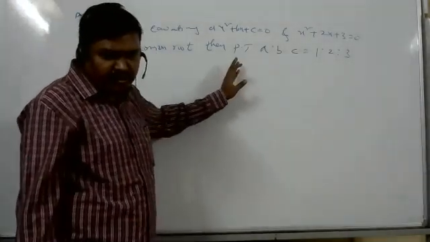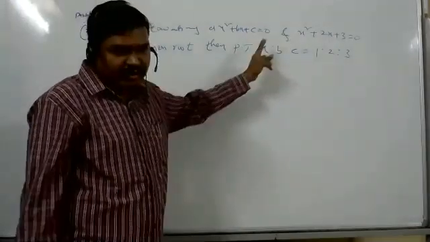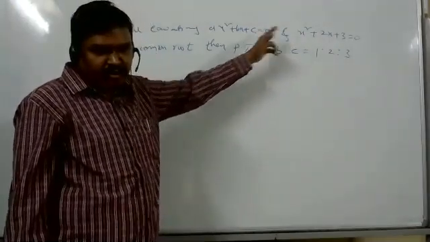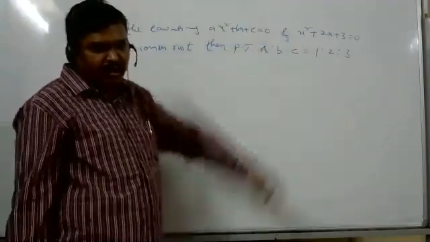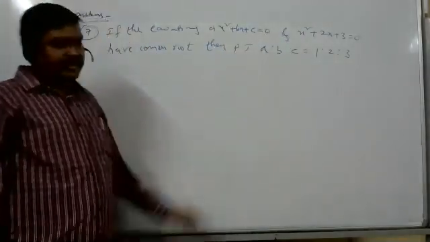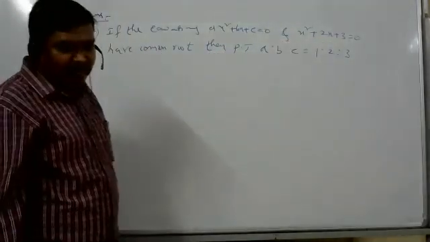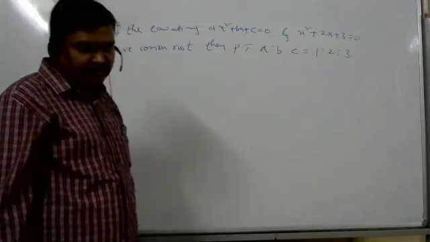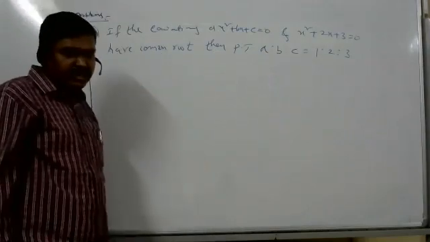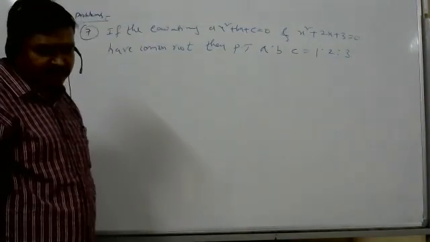Both roots are common, two roots. We can use that: when two roots are common, a1 by a2 is equal to b1 by b2 is equal to c1 by c2, the coefficient of x square, coefficient of x, and the constant. a is equal to 1, b is equal to 2, c is equal to 3. a upon 1 is equal to b upon 2 is equal to c upon 3. Yeah, I got that. Then a is to b is to c is equal to 1 is to 2 is to 3. Okay, okay.